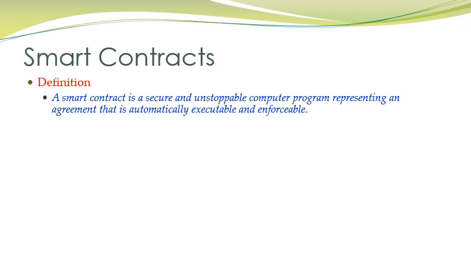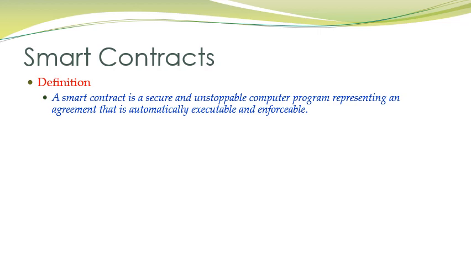A smart contract is a secure and unstoppable computer program representing an agreement that is automatically executable and enforceable. So you can see, students, a smart contract is a secure and unstoppable computer program representing an agreement.